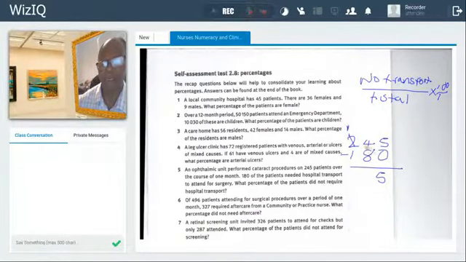We leave 1, and that 1 is 10. 10 plus 4 is 14. 14 take away 8 is going to be 6. So 65 did not need transport.